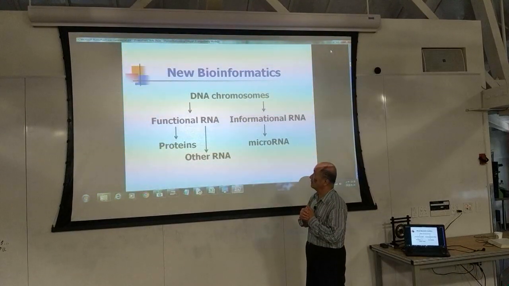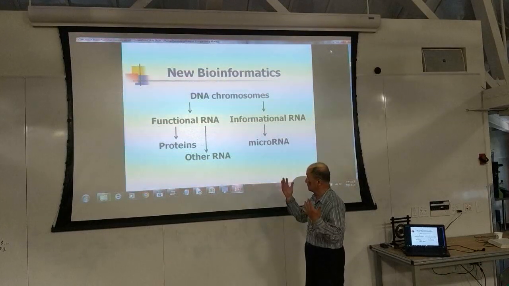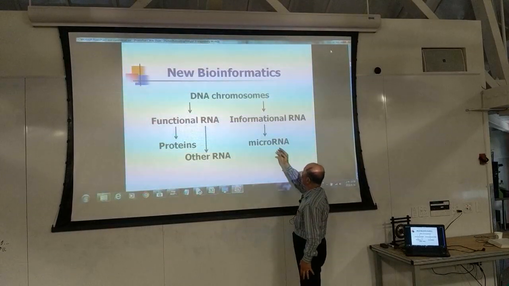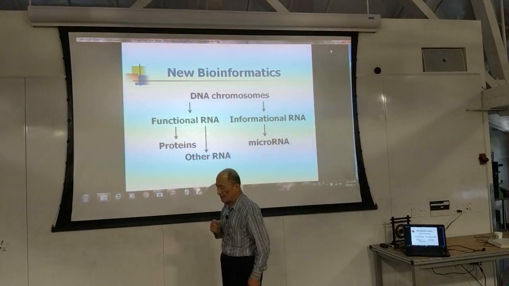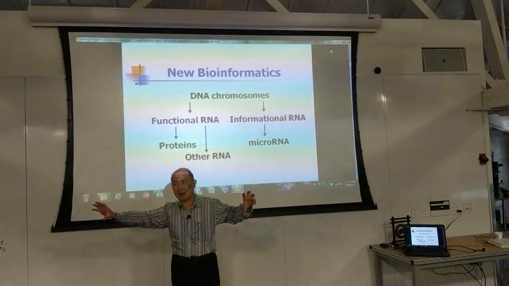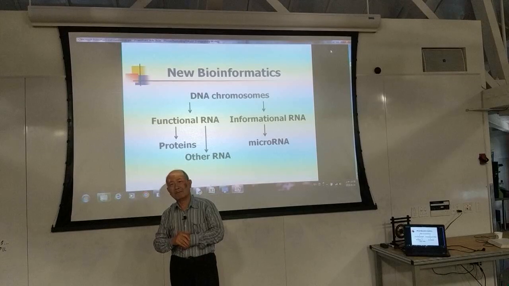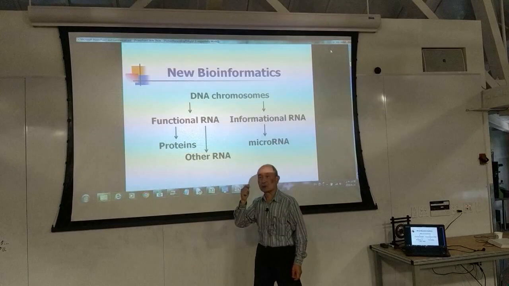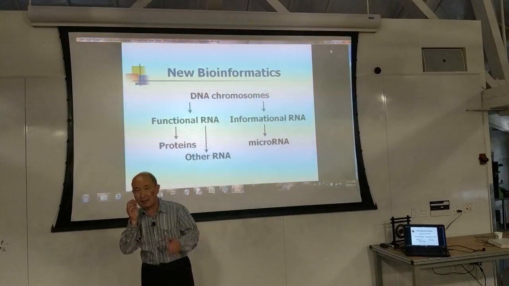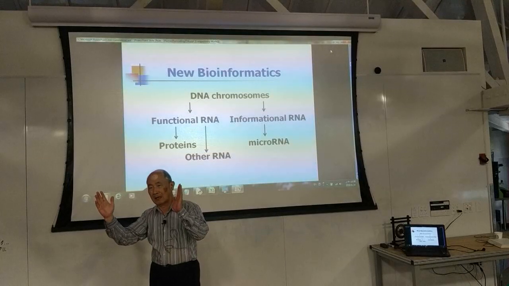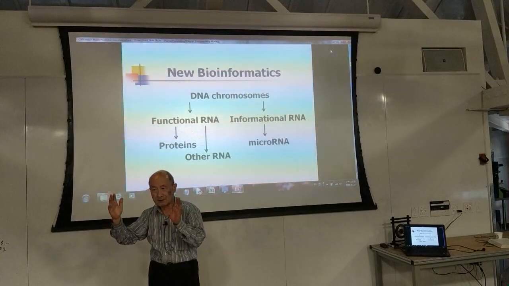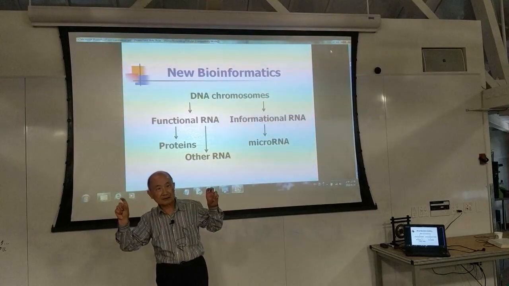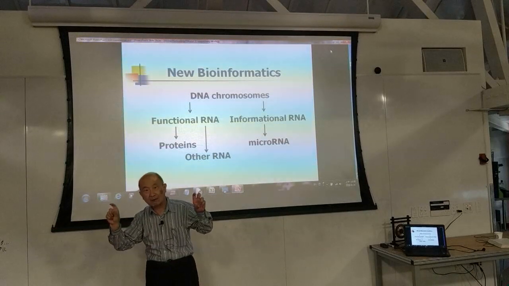But the informational RNA are RNA which contain a lot of microRNAs or information like microRNA. And this is what I call the pairs. They're small RNA pieces which have the code in them. And this code is not doing anything in itself, but it has information in it so that it will go out and produce other RNAs.